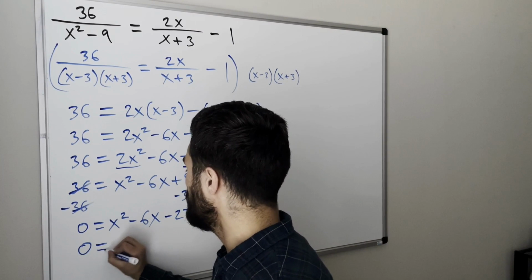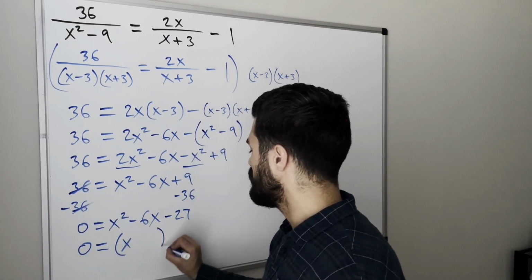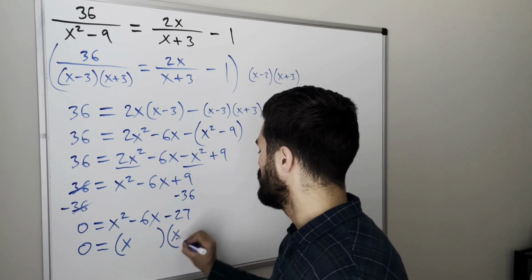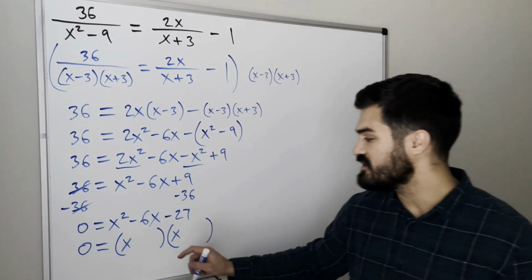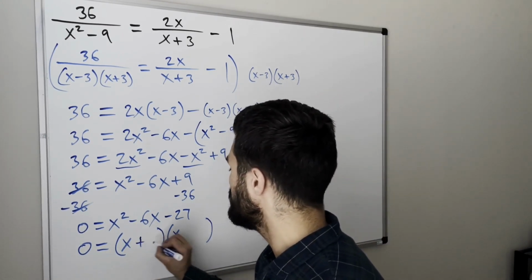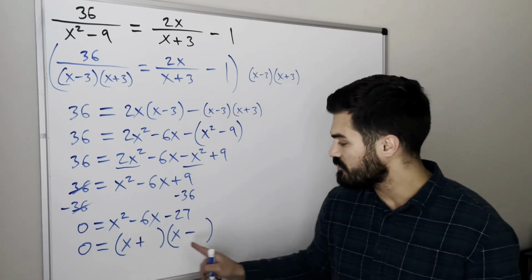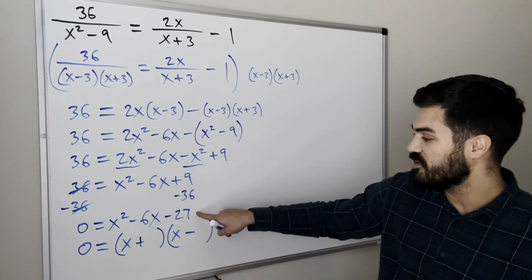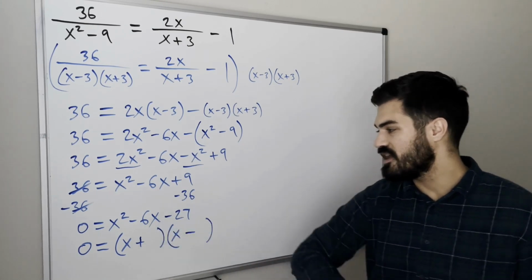We have 0 equals, I think this is factorable, so let me just draw my little parentheses here. Okay, I know that this is a minus, so we need to have one of them as plus and one of them as minus. Now let's think of what two numbers multiply together to give me that negative 27, but add together to give me that negative 6.